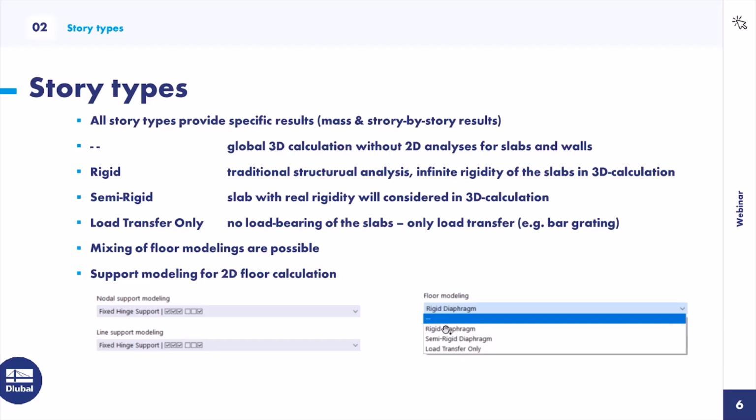And what are these 4 types exactly? I will tell you now. Independent of which type you choose, you get specific results for mass and story by story results. I will show you at the end of my webinar.